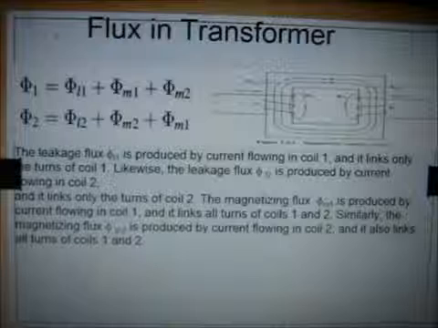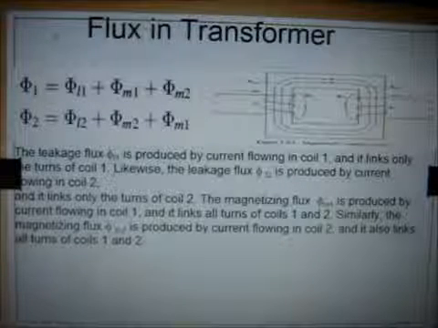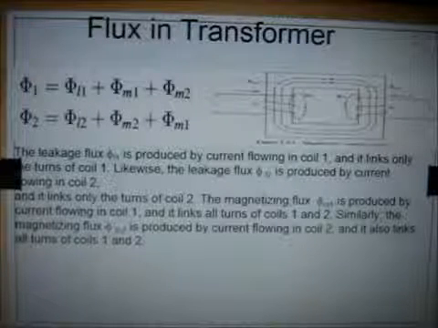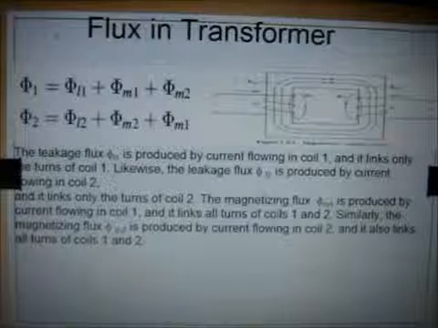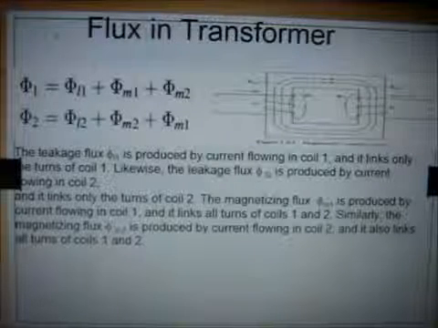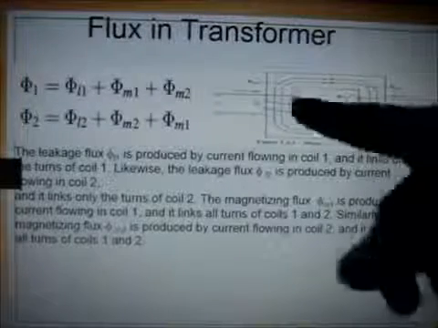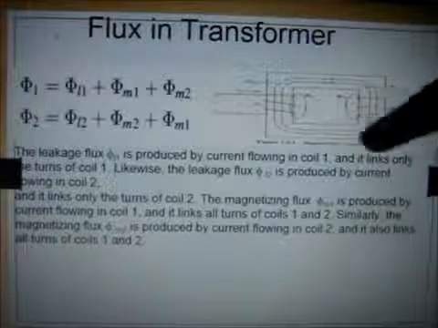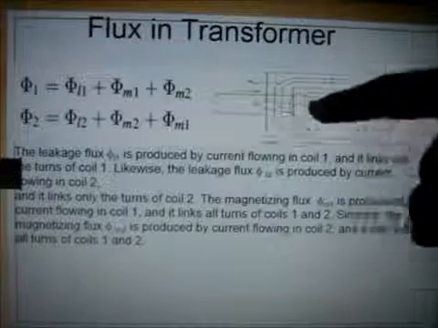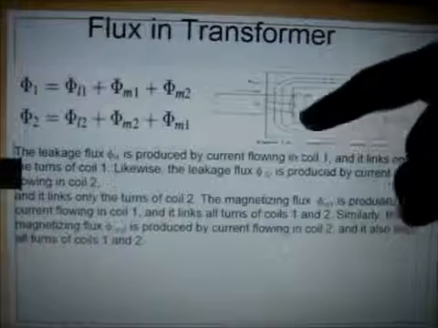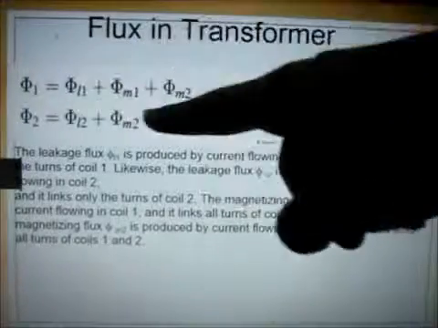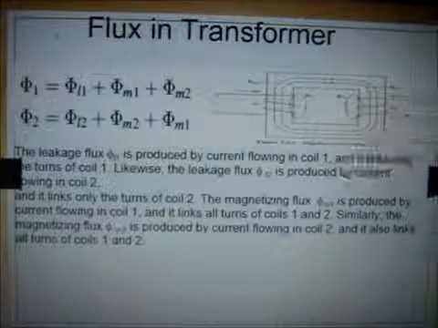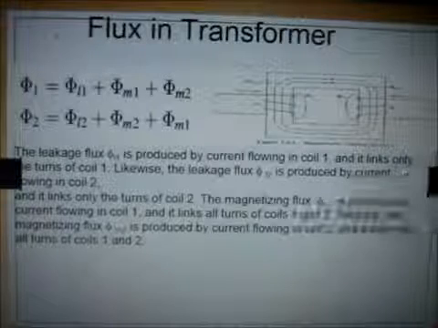Similarly, magnetizing flux phi M2 is produced by the current flowing in coil 2, and it also links with coils 1 and 2. So the net flux phi 1 is the total of the leakage flux and the two magnetizing fluxes, and similarly for phi 2.